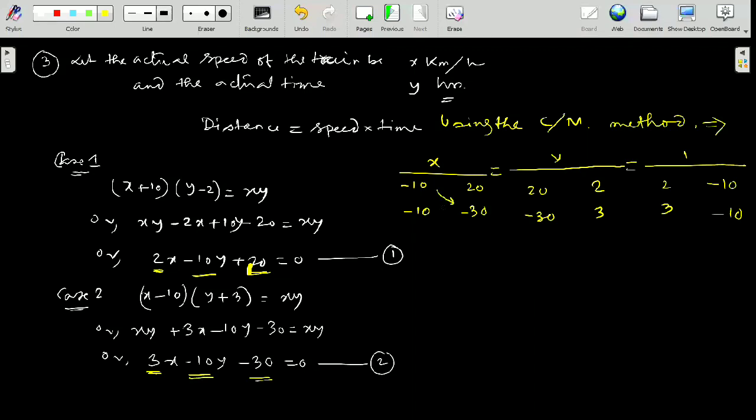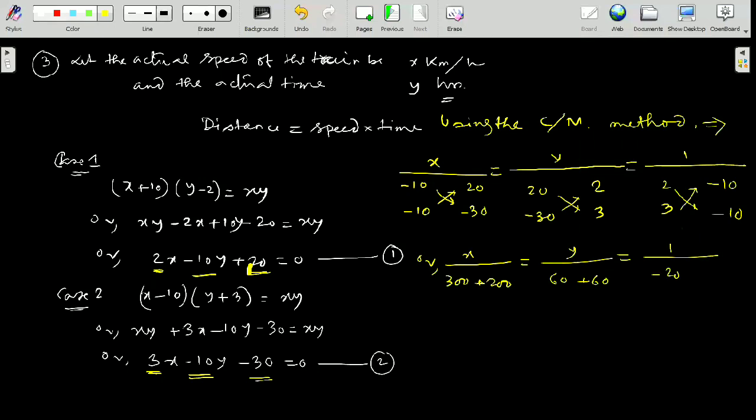So there is a cross multiplication. This is the cross multiplication method. Just multiply in crossing. So getting x upon, this will be 300 minus of minus 10 into 20, that is plus 200, and y upon 20 into 3, that is 60, and minus of minus 30 into 2, that is plus 60, and 1 divided by 3 into minus 10, minus 20, minus of minus 3 into 10, that is plus 30.